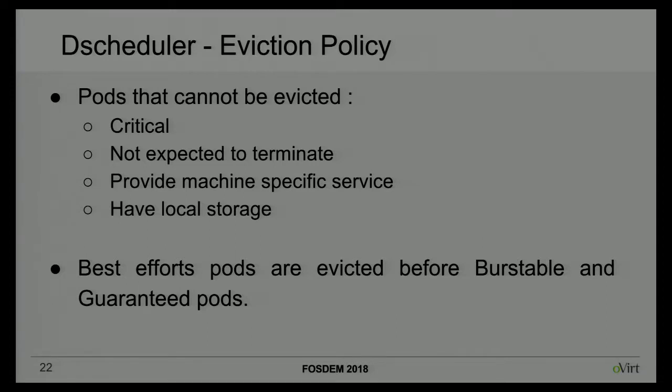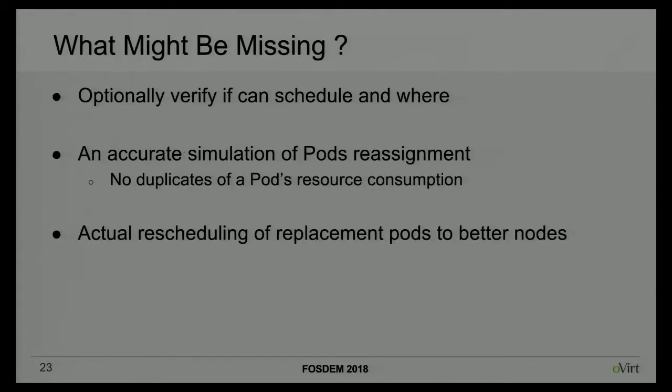You can't evict critical pods, or pods that are not expected to terminate, or that have local storage, for example. Again, they need to be part of a deployment or a replica set, so they will be recreated. Otherwise, killing them won't mean anything. And we want to evict best effort pods before critical or burstable pods. So something is still missing here that might also contribute to the descheduler project.